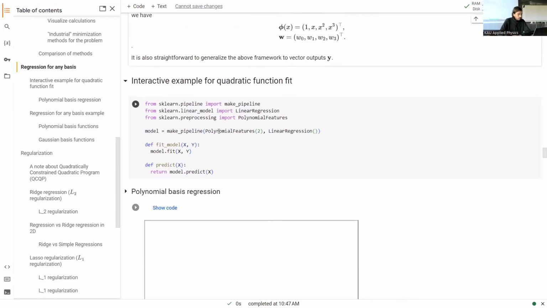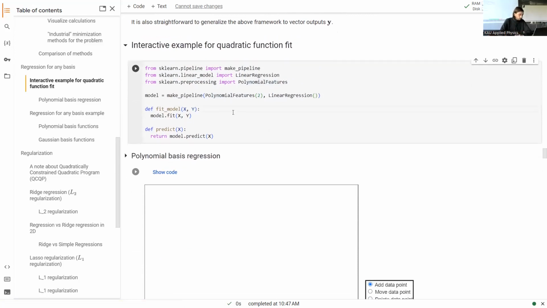And here is an example in Python that I really like because it underlines how that works in a practical fashion. Please take a look at this. I'm making a model with make_pipeline. In this pipeline, I'm using a function, PolynomialFeatures, that transforms my axis into that other space with the help of the basis functions.